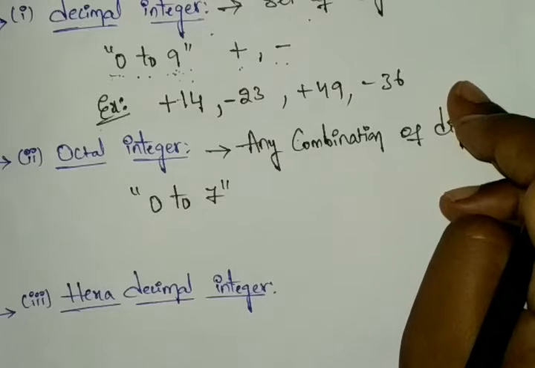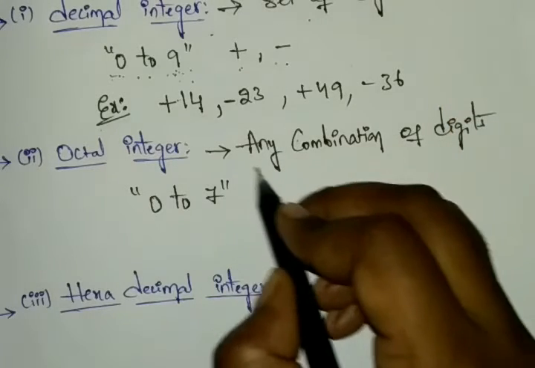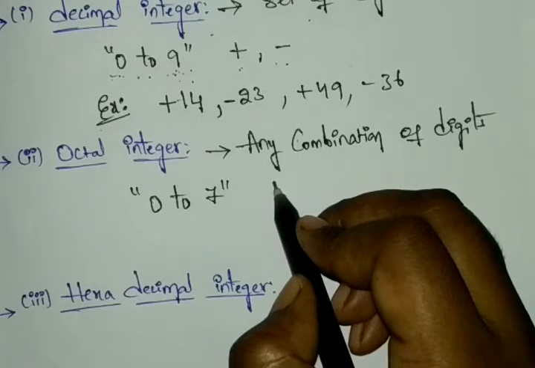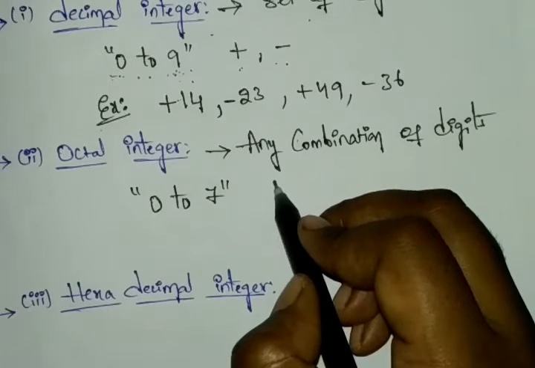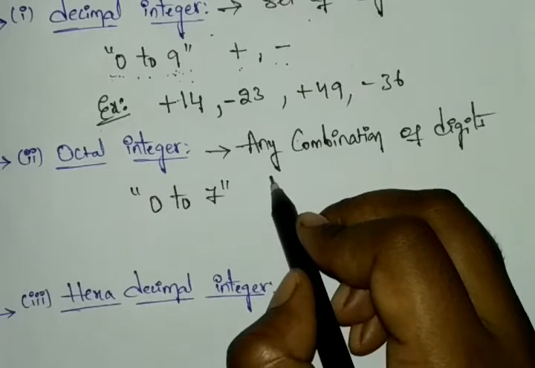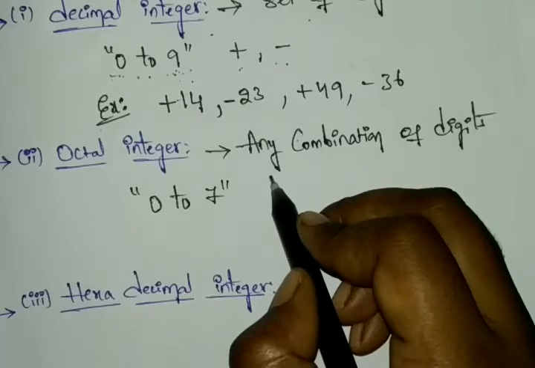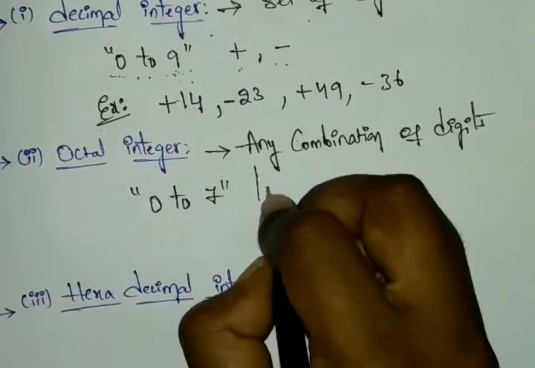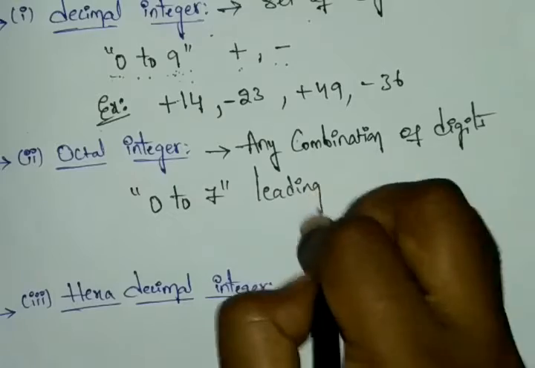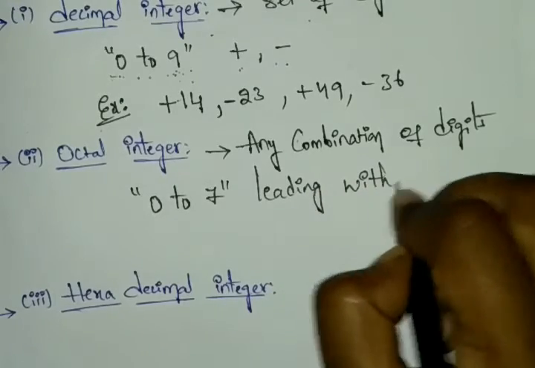So how can we identify it? In this octal integer, whatever values or digits you write, those will be preceded by 0, or leading with 0.